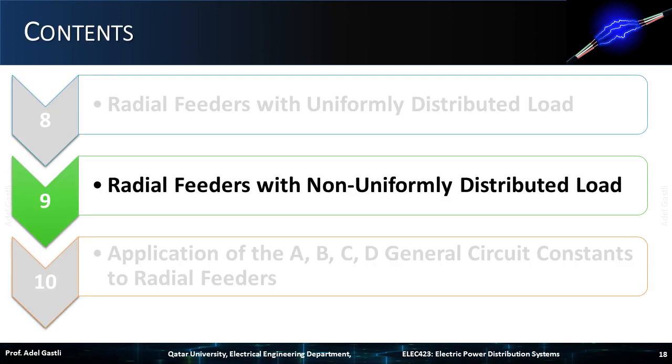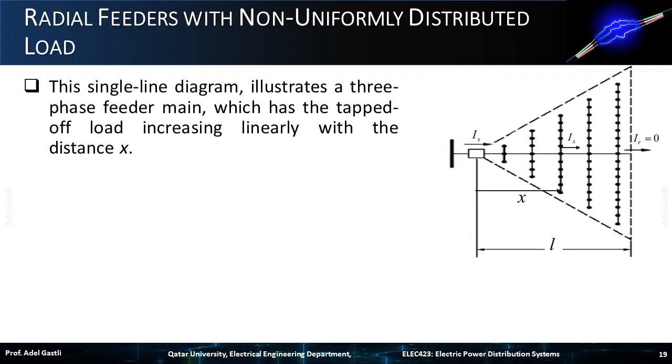Next, we will study the case of radial feeders with non-uniformly distributed load. This single line diagram illustrates an example of a three-phase feeder main, which has the tapped-off load increasing linearly with the distance x, measured from the main power distribution substation.